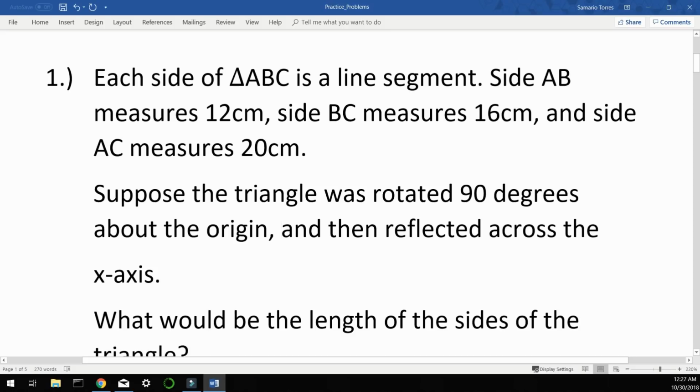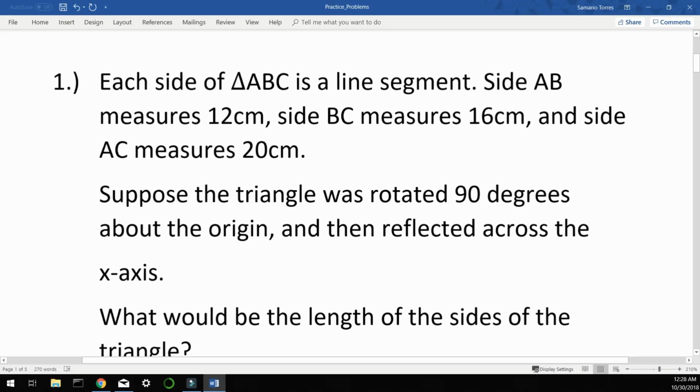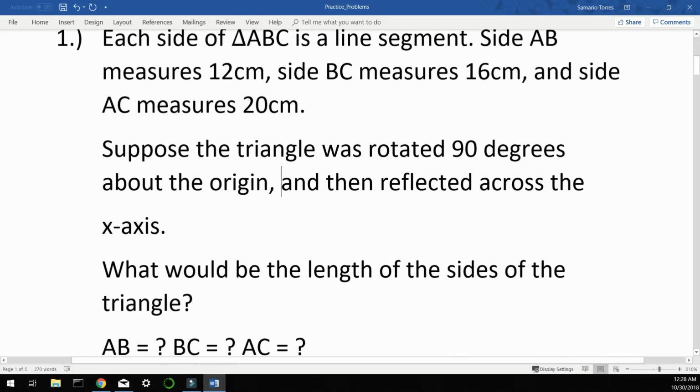Side BC measures 16 centimeters, and side AC measures 20 centimeters. So all they're giving us is the length of the sides right now. Now it says, suppose the triangle was rotated 90 degrees about the origin and then reflected across the x-axis. What would be the length of the sides of the triangle?